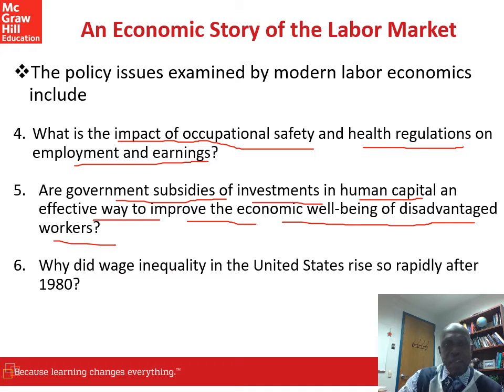Why did wage inequality in the United States rise so rapidly after the 1980s? So we know that after the 80s, in the 90s we had technological innovation, which led to the internet.